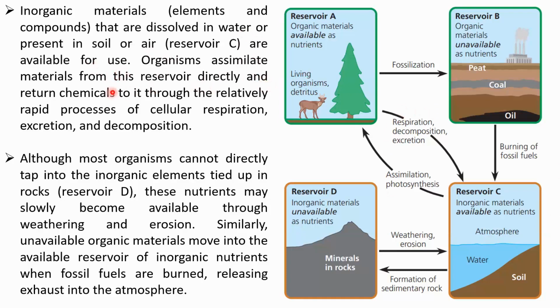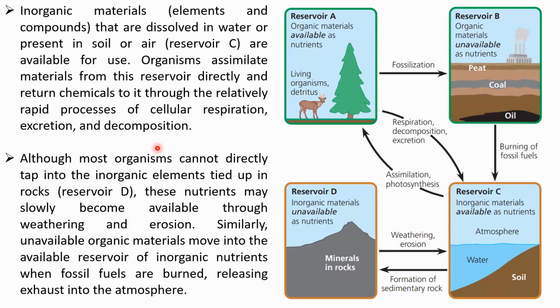Organisms assimilate materials from these reservoirs directly and return chemicals to it through the relatively rapid processes of cellular respiration, excretion, and decomposition. So if reservoir C has inorganic materials available as nutrients, organisms can directly assimilate them and rapidly return them to the reservoir by cellular respiration, excretion, and decomposition.